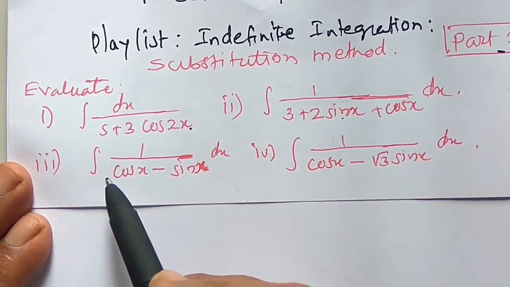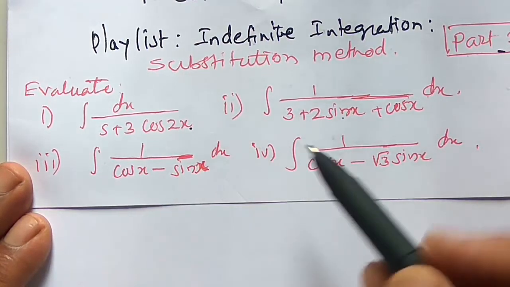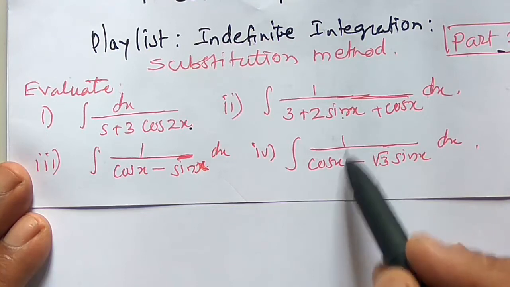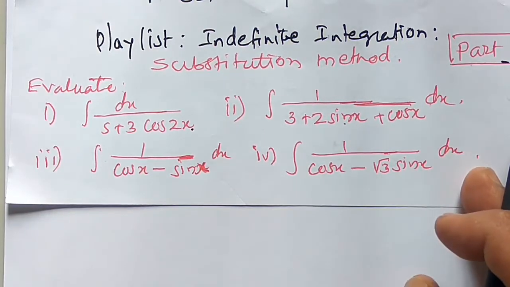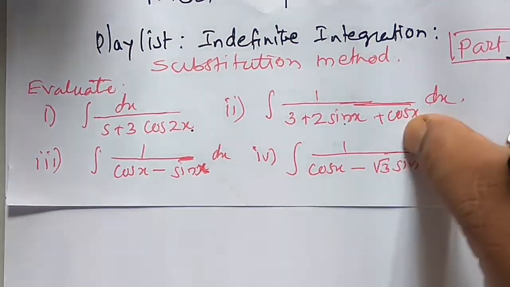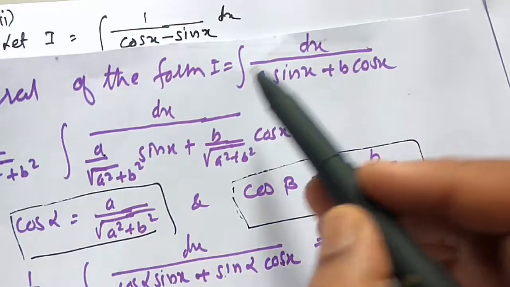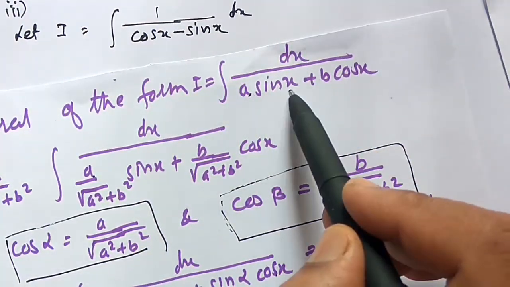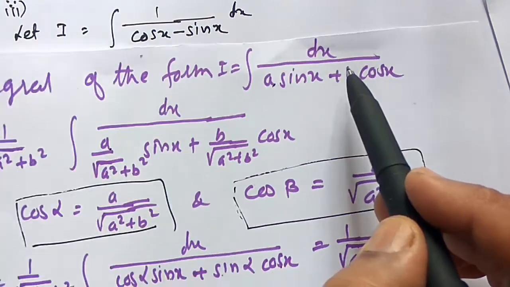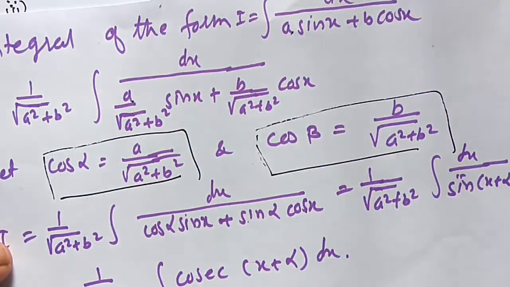Example number 3: integration 1 upon cos x minus sin x, and number 4: integration of 1 upon cos x minus root 3 sin x. Now this is of the form integration dx upon a sin x plus b cos x. We can solve this by using another method.